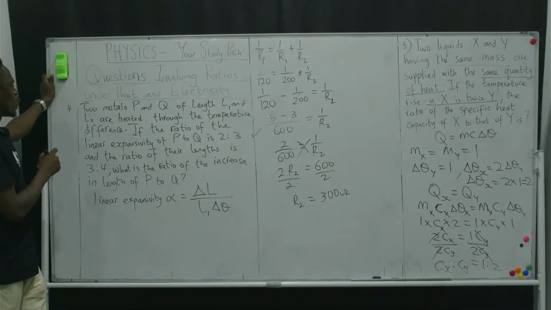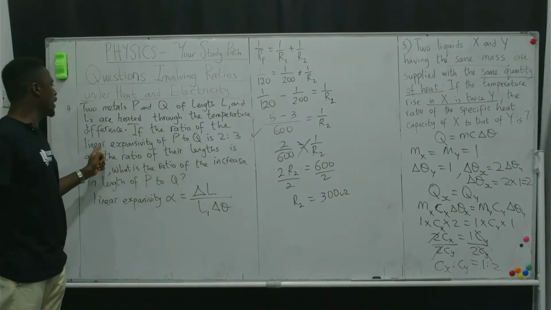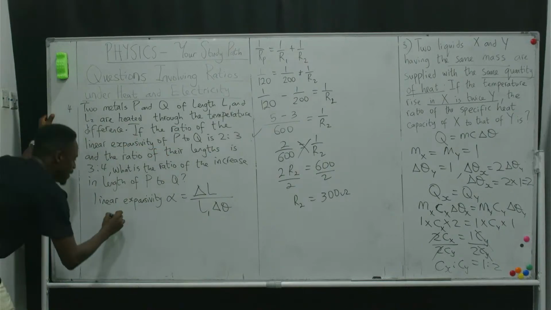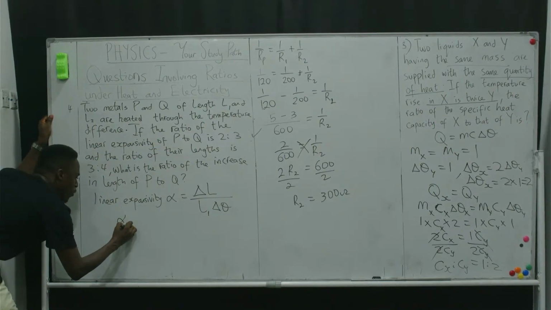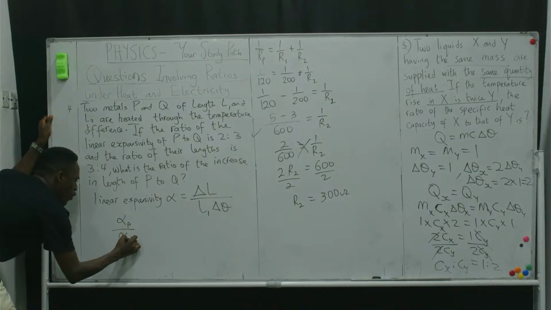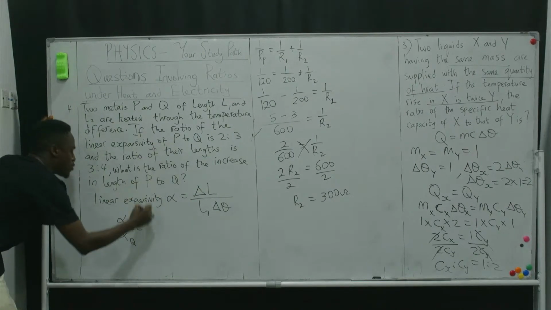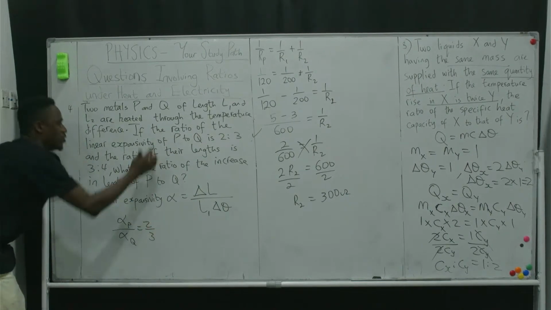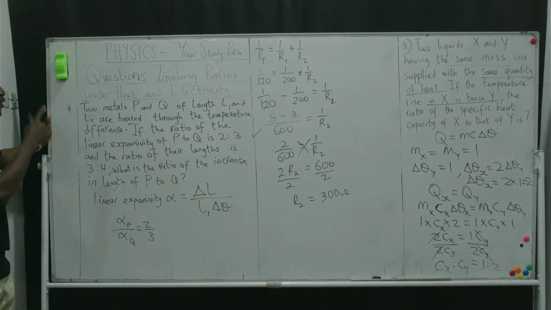We are having that the ratio of the linear expansivity, meaning alpha of P over alpha of Q, is giving us 2 over 3. Remember, ratio means division. 2 ratio 3 means 2 divided by 3.